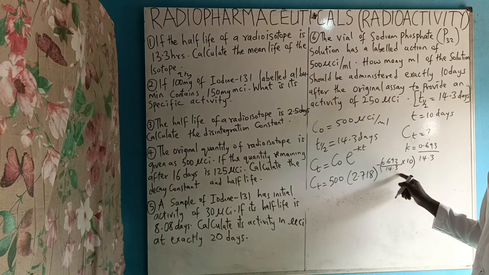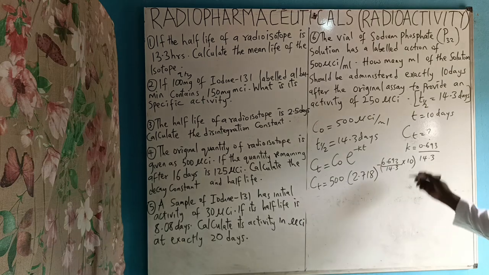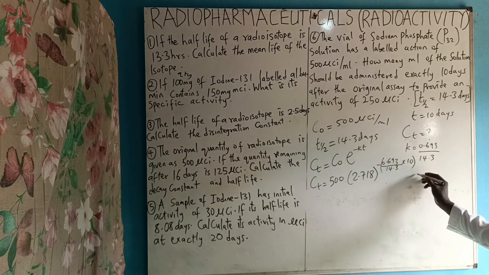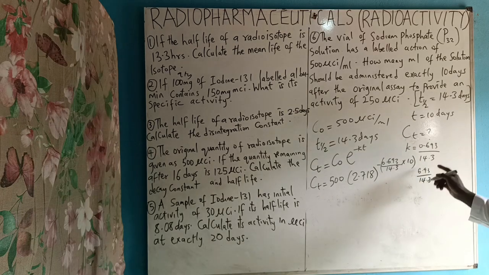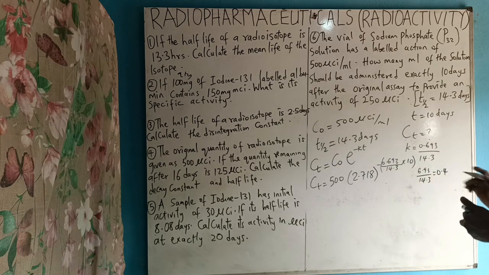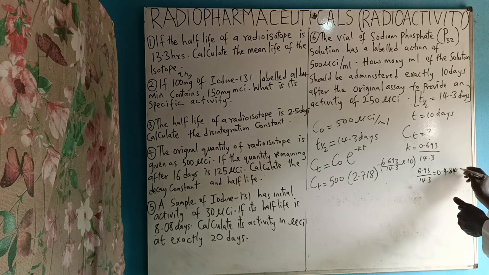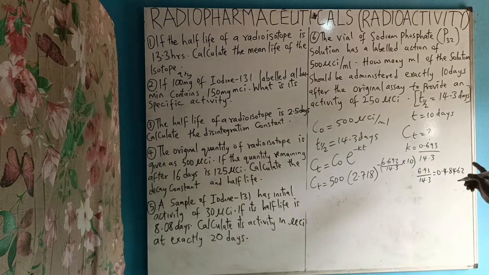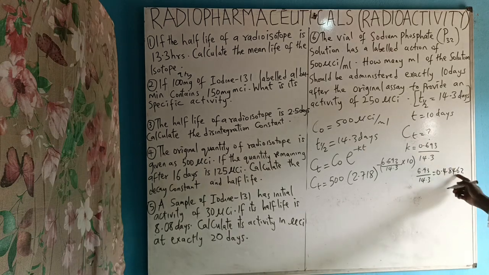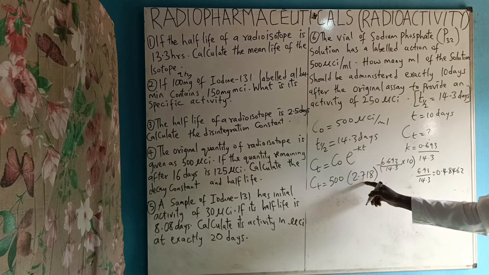Use your calculator to sort it out. Don't worry your head on that. When you divide 6.93 by 14.3, it will be giving you 0.48462. We are using a longer digit because we still need it here.